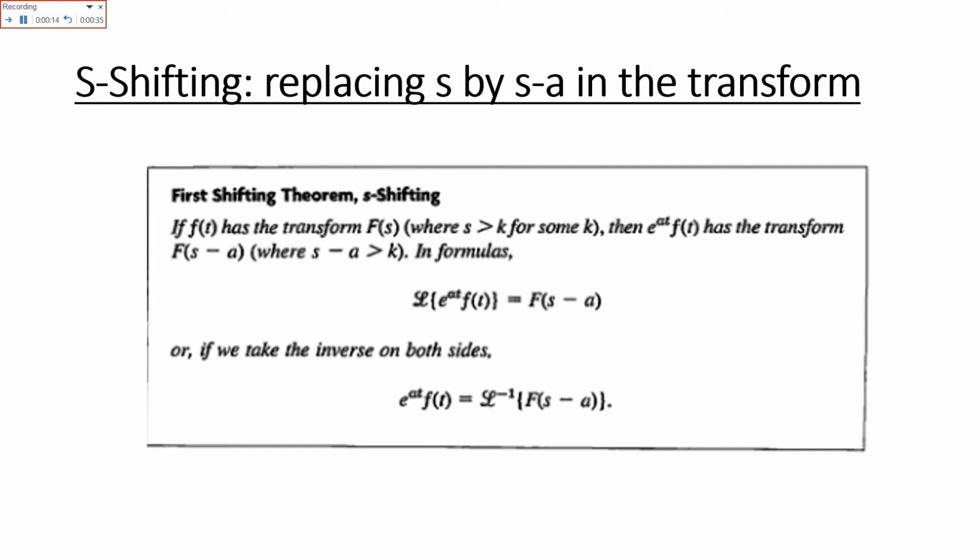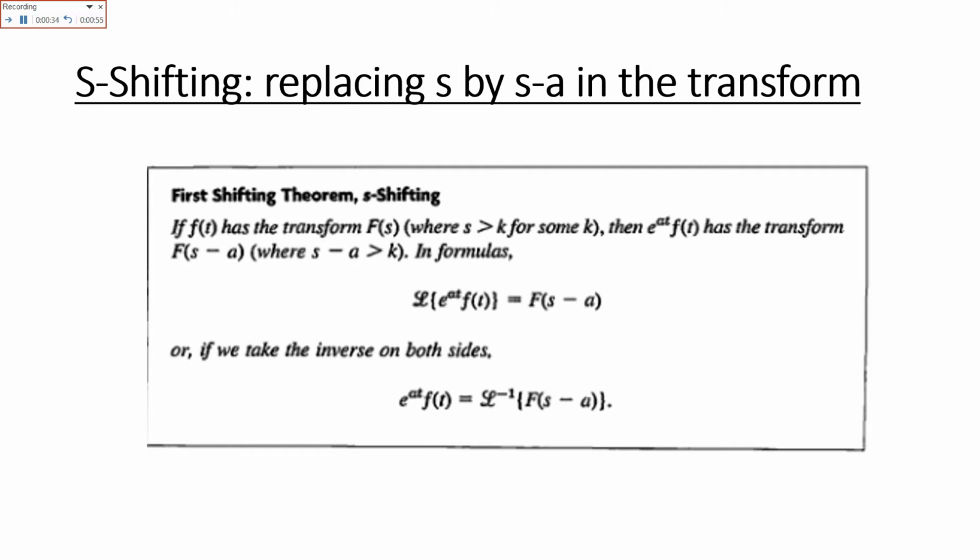Now, here is the first theorem of this lecture, that is basically the S shifting or replacing S by S minus A transform. It is also known as the S shifting theorem. Here in this equation, instead of f of s, we will shift with f of s minus a.